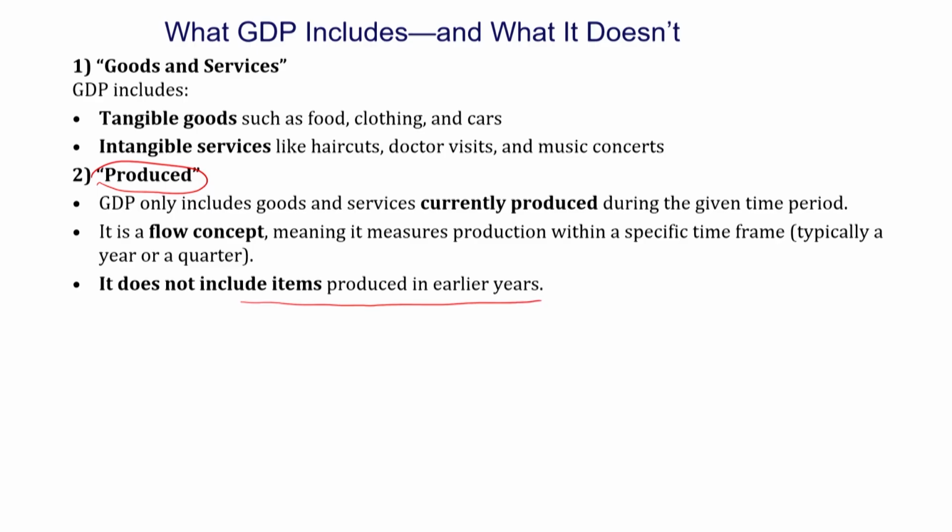So GDP is not a stock concept, it's a flow concept. That means whatever goods and services are produced in a given period of time. If you are taking one quarter, then whatever is produced during that quarter, or if you are taking one year, whatever is produced during that one year period of time. If something was produced in the previous year, that is not included in GDP.